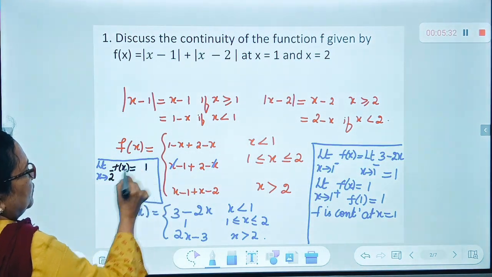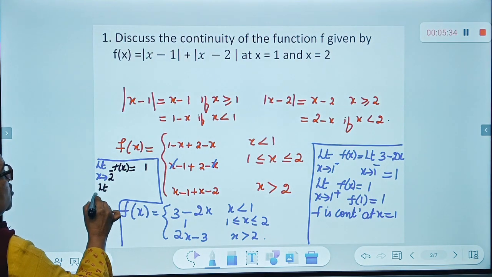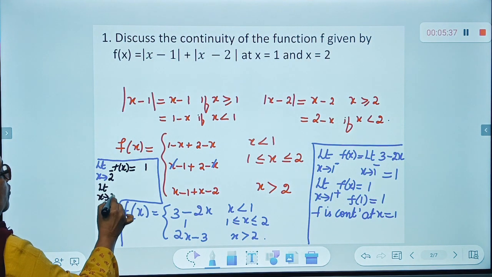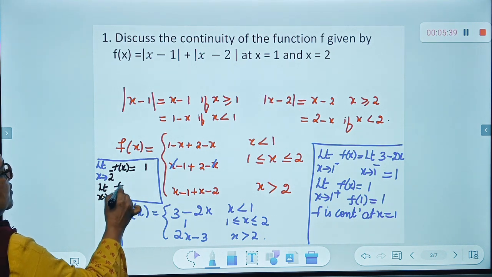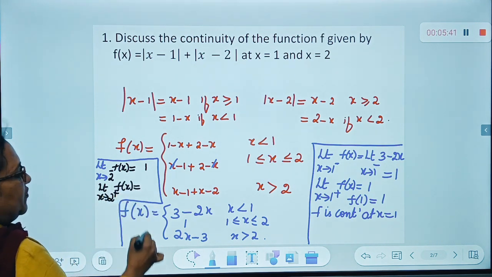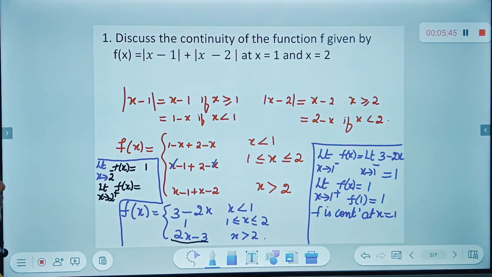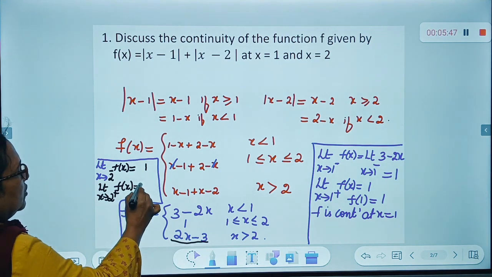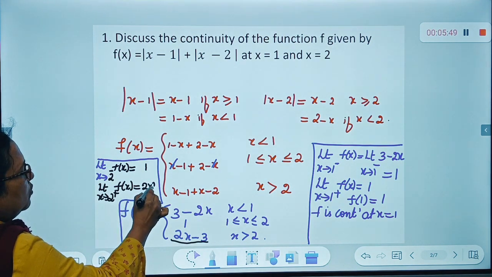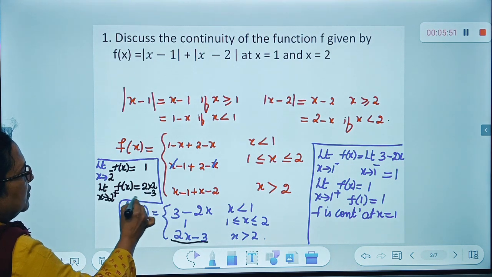It is 1. Limit x tends to 2 plus of f of x, what is the function? We have to use 2x minus 3. So when I substitute 2, it is 2 into 2 minus 3, which is 1.